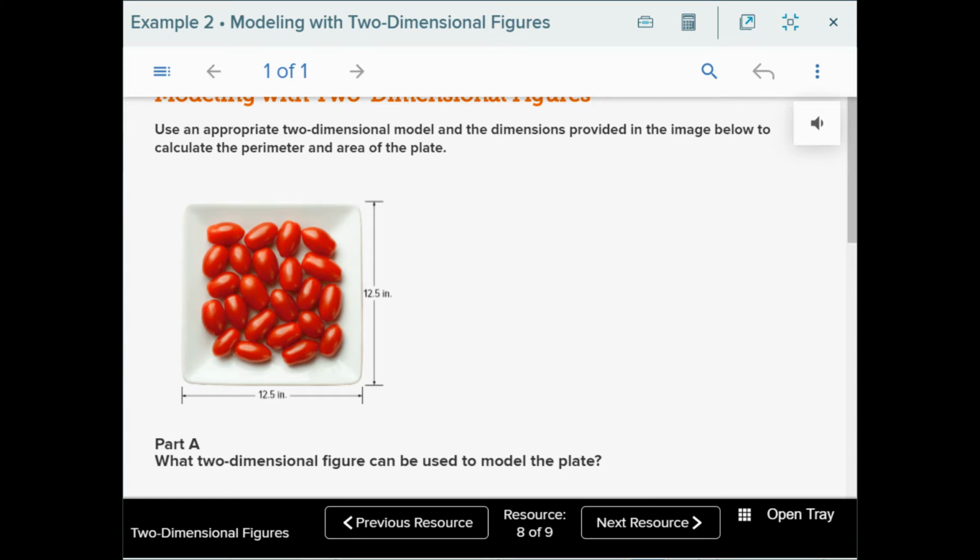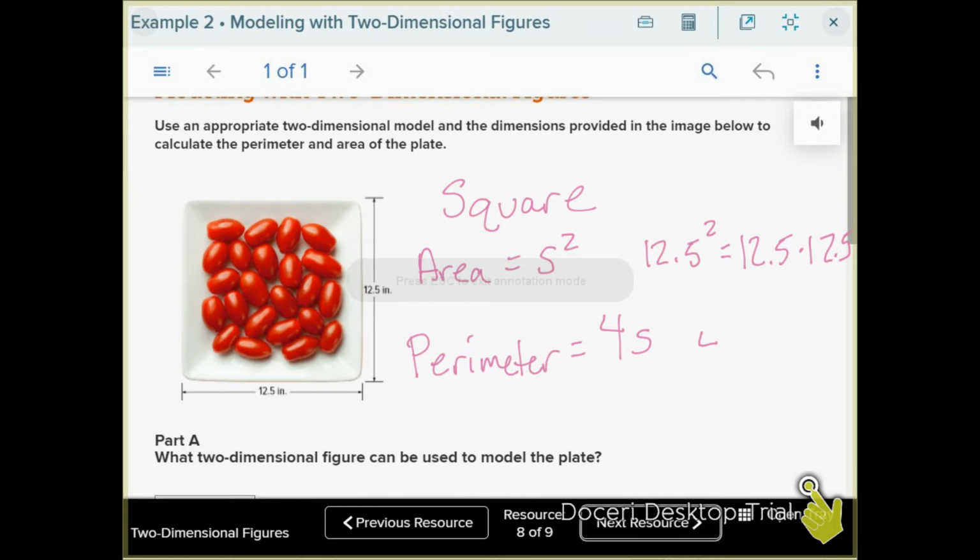While I'm getting the calculator loaded, I can also do my perimeter: 4 times 12.5. 4 times 12.5 in your calculator should give you 50. So I know my perimeter is 50. Looking at the unit, it's inches, so 50 inches.